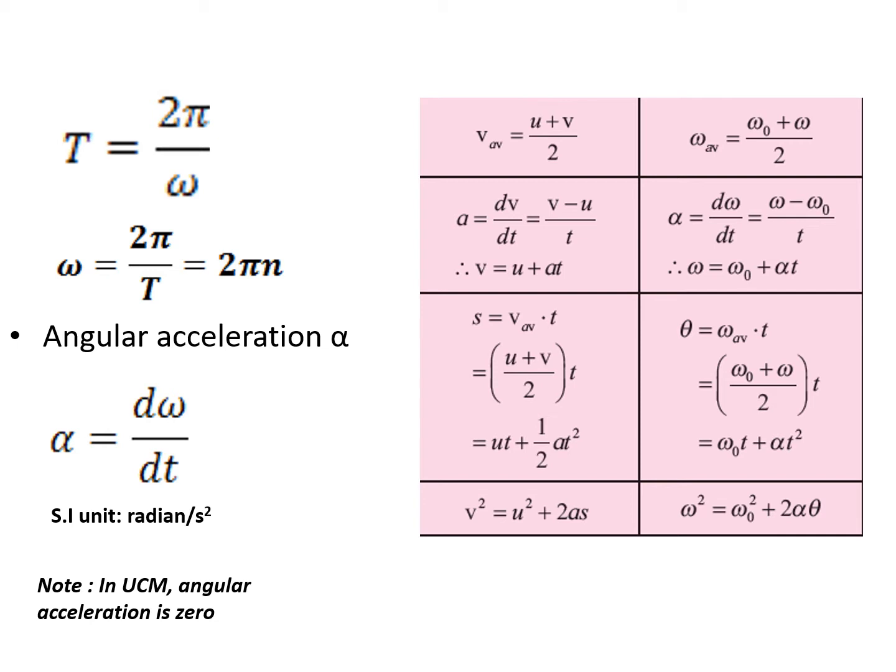The adjacent block shows the analogy between linear motion and circular motion. The simplest way of writing these equations is just to replace linear displacement by angular displacement, linear velocity by angular velocity, and linear acceleration by angular acceleration.